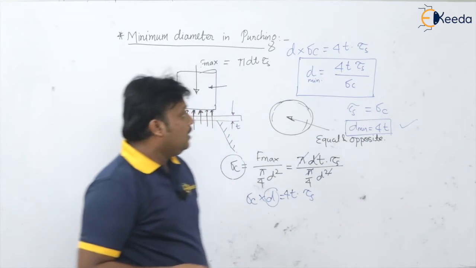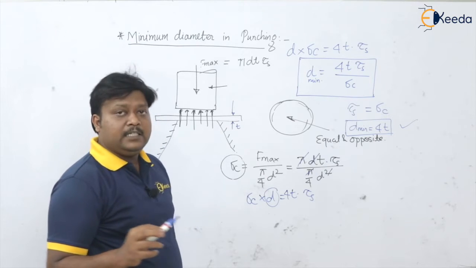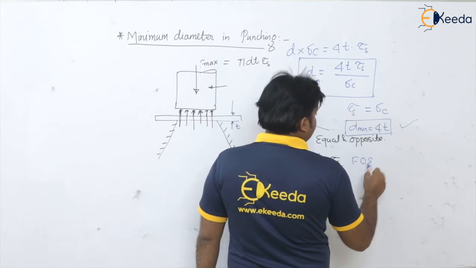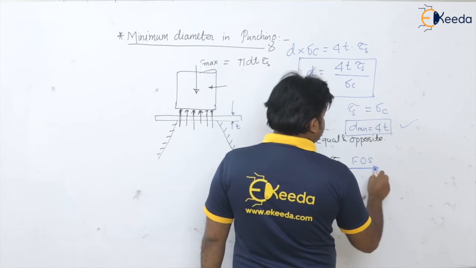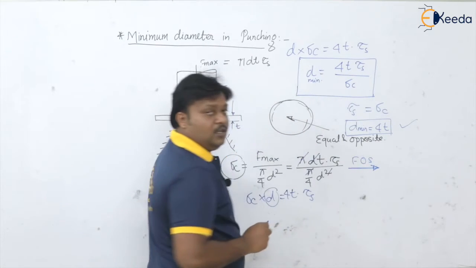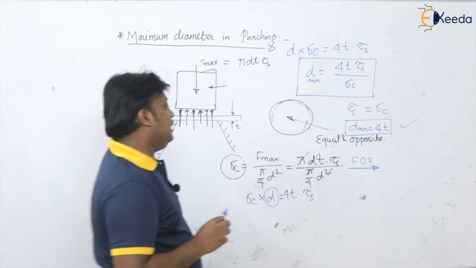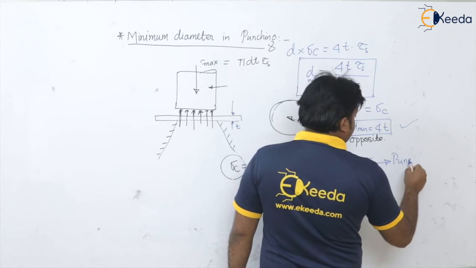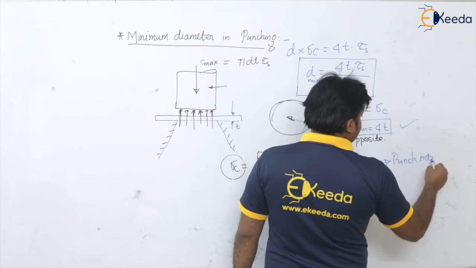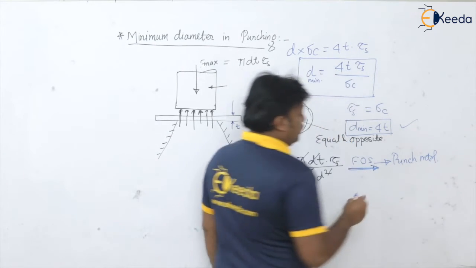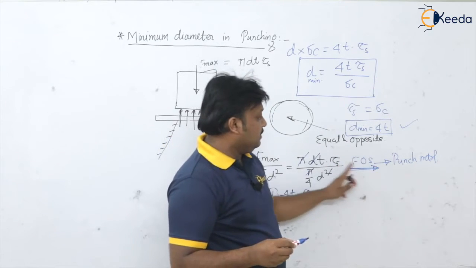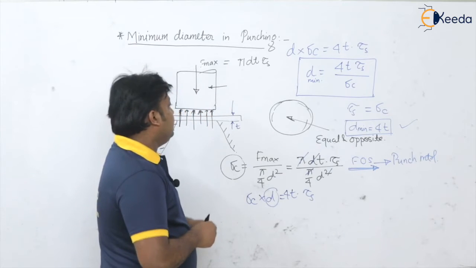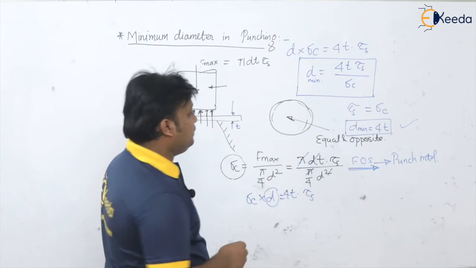Please remember this. Now if in the question they have provided the factor of safety, then on which material will you take the factor of safety? Of course, on the punch material you will provide the factor of safety. Okay, on the punch material. If in the question the factor of safety is given, then you have to use it on the punch. Okay, the punch you are going to safeguard, isn't it?